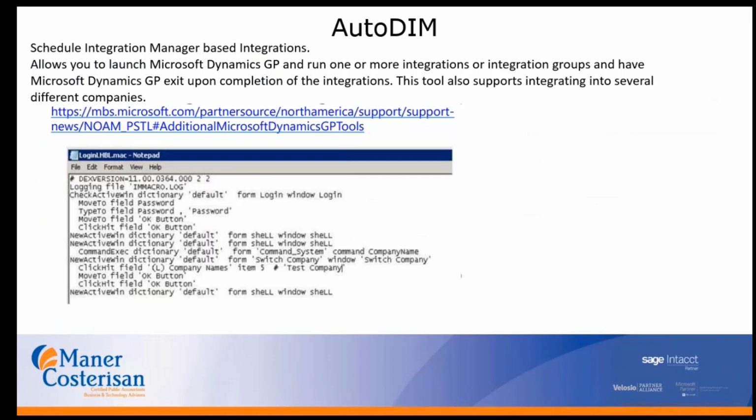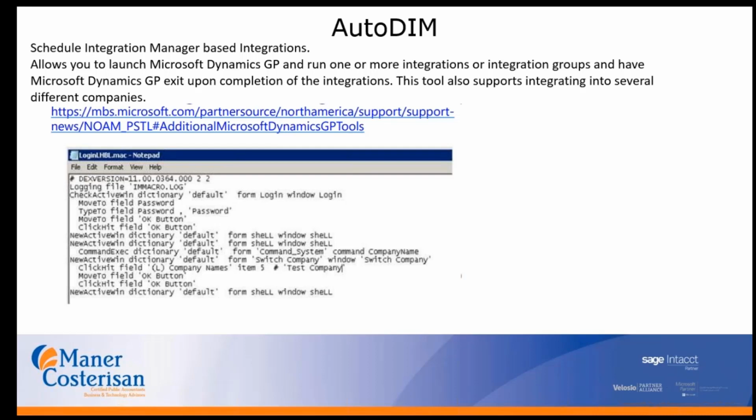So AutoDIM helps you to schedule Integration Manager based integrations. It works a lot like Smart Connect or MainerLink, where you can schedule integrations, but this is based on actual Integration Manager. This allows you to launch and run several integrations at once.